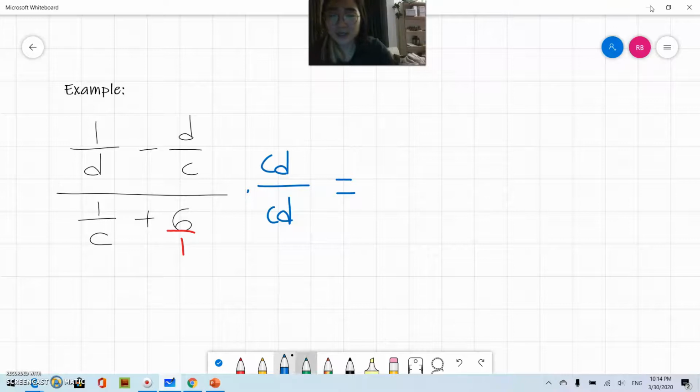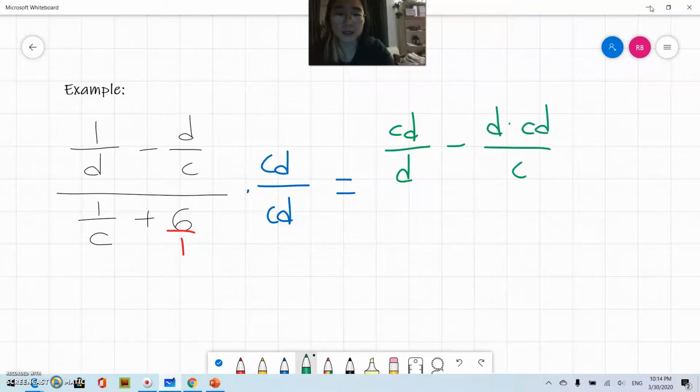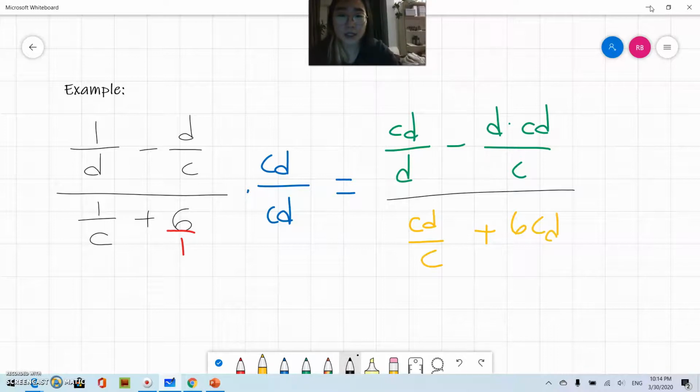So write out everything so you can see what's really going on. Basically, it's CD over D minus D times CD over C, over CD over C plus 6CD. That's what's going on, okay? Then after that, it's just simplifying what you see.